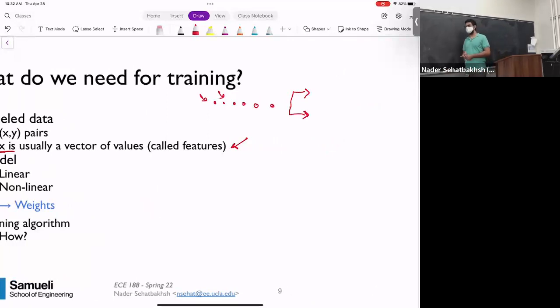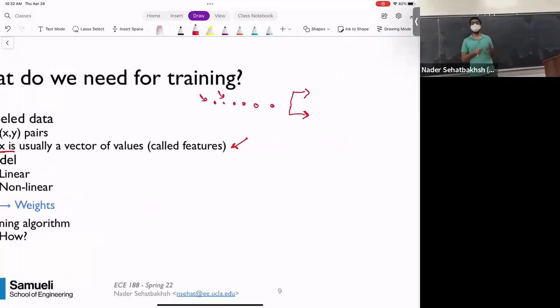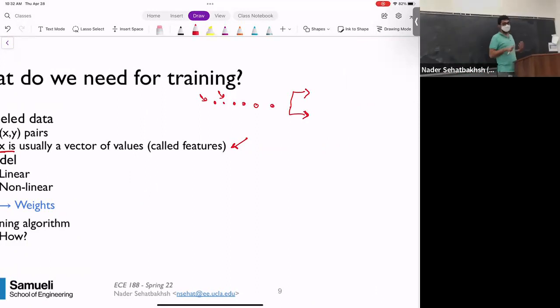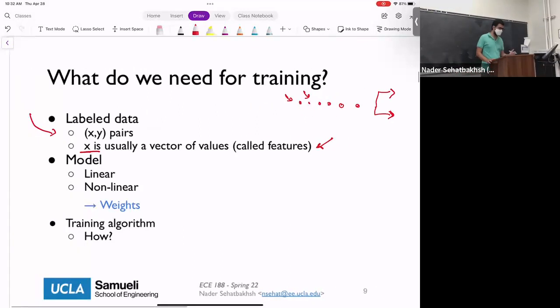For any other classification problem that you can think of, there are some features, and based off those features, you make a decision.